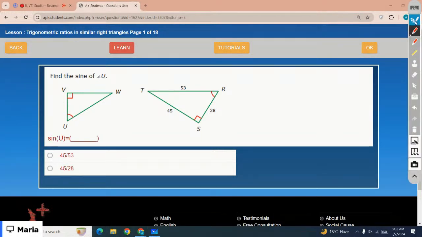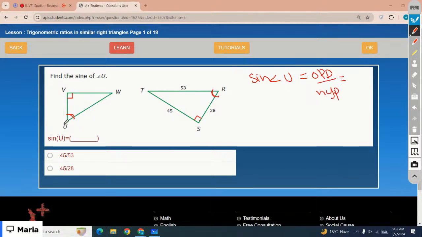You can see the angles with the same arcs are congruent angles. That means angle U is congruent to angle R because they have the same arc, and angle V is congruent to angle S. You have to find the sine of angle U. So sine of angle U is opposite divided by hypotenuse, right?